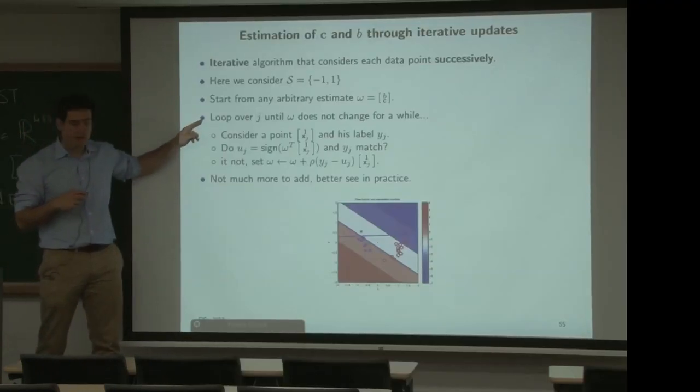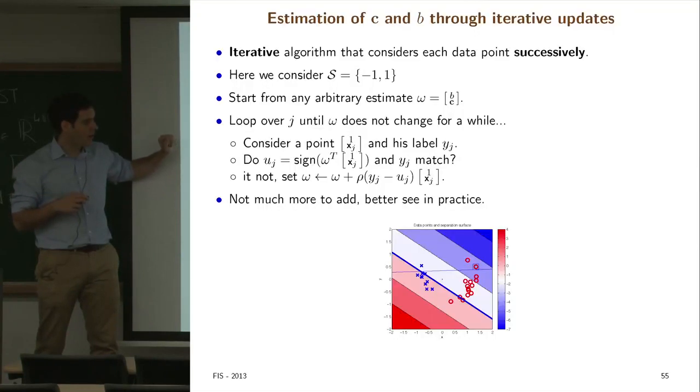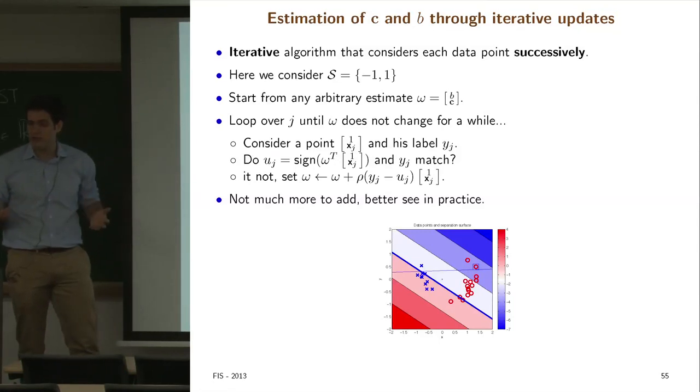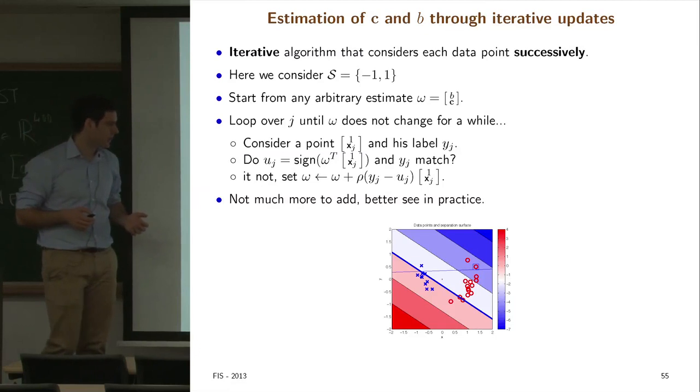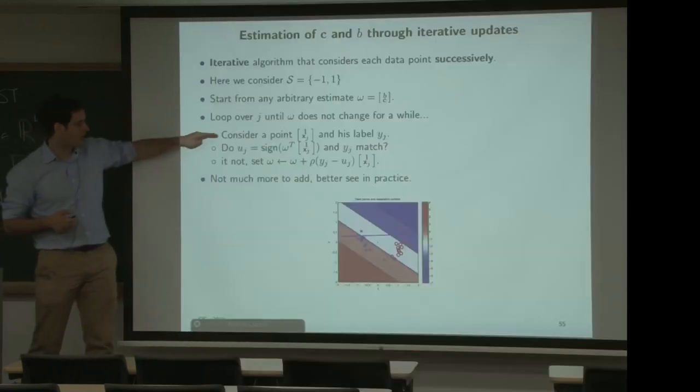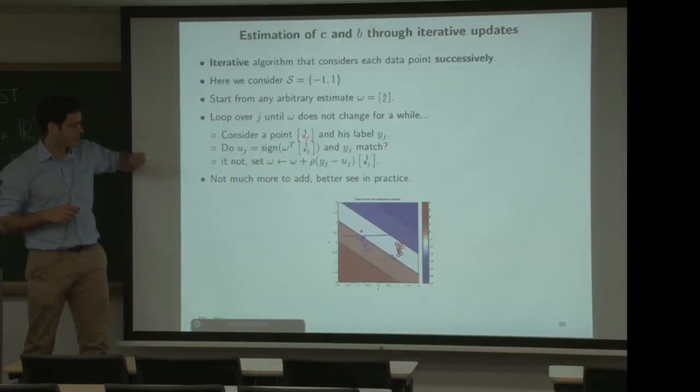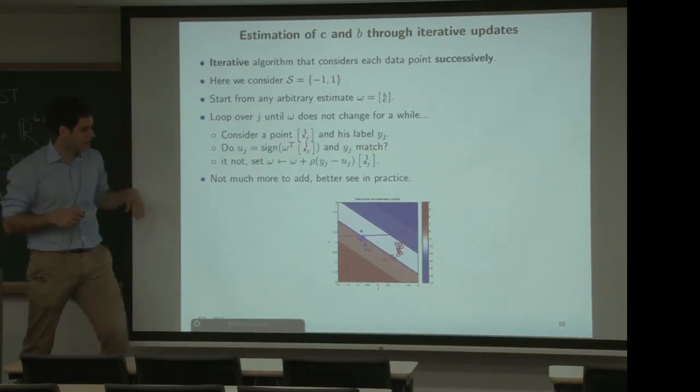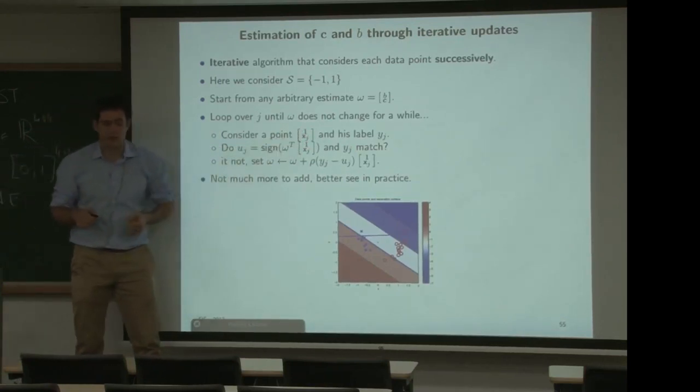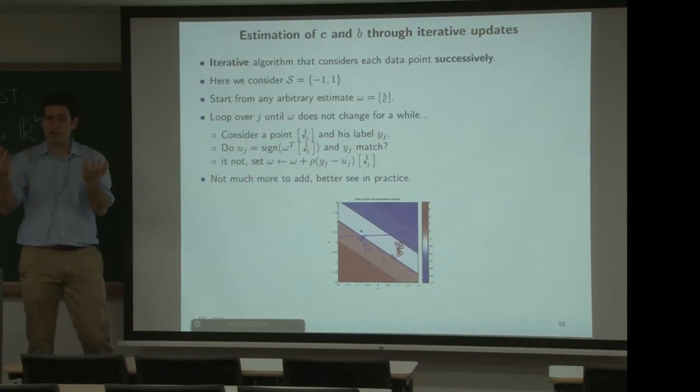And by making it better, what we do is that we loop over the size of the data set until our estimate of the direction, the normal vector C, and the constant B do not change anymore. So it's really a heuristic. And so what we do is the following. We consider a point, a new point in the data set, xj. We add 1, which is the constant vector, and we consider its label.